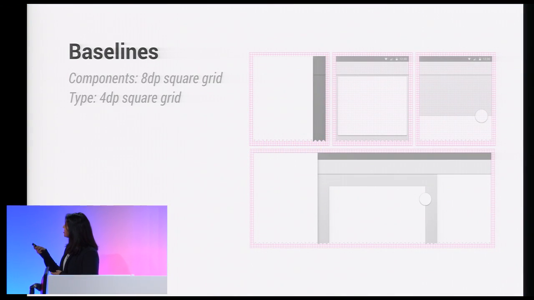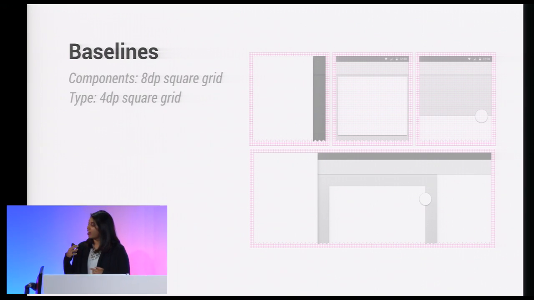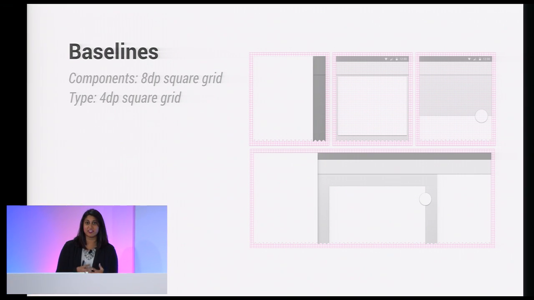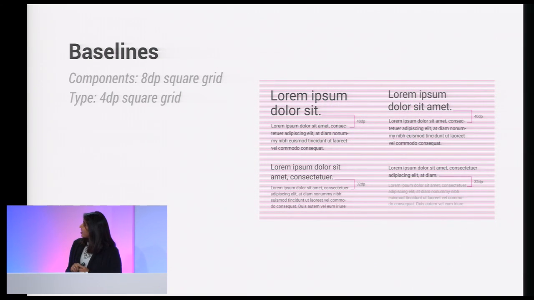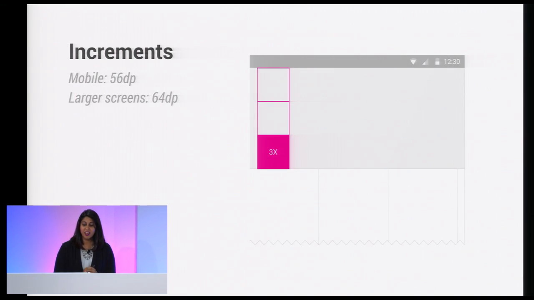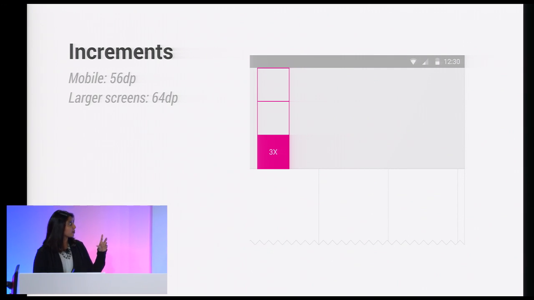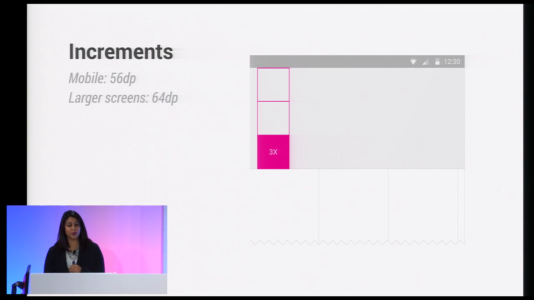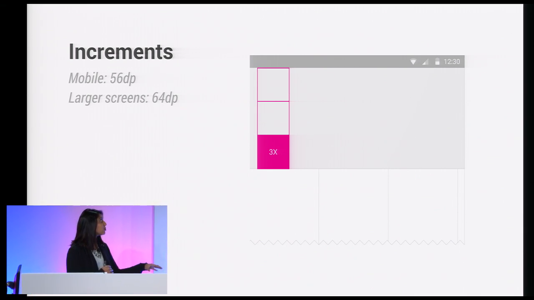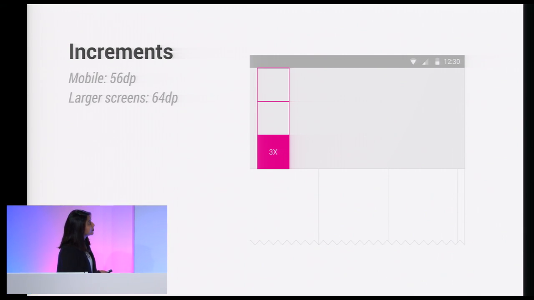So components are on an 8 device-independent pixel square grid. Type is on a 4 DP square grid. And the size of structural elements are based on these things called increments. And increments are based on the standard app bar height, which is 56 dips on mobile and 64 dips on larger screens.